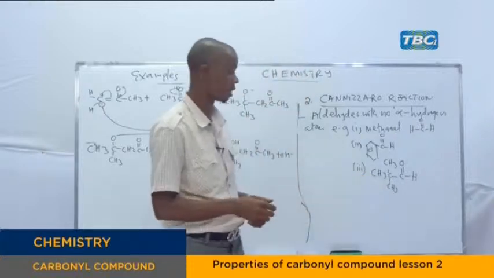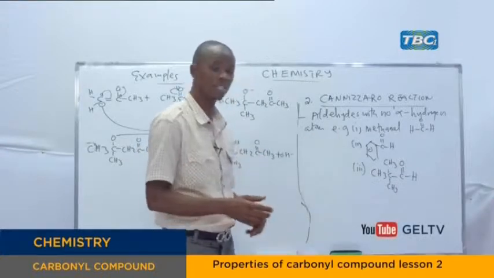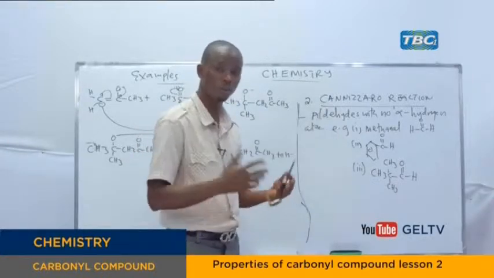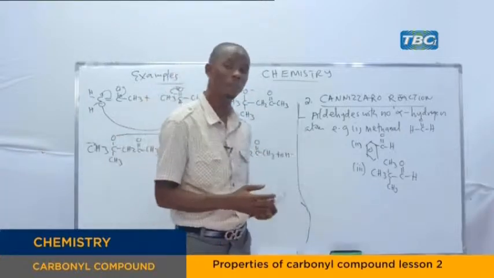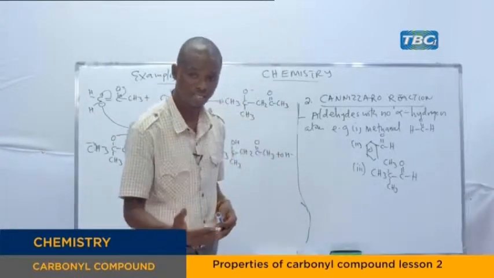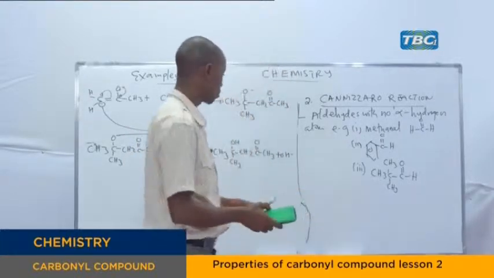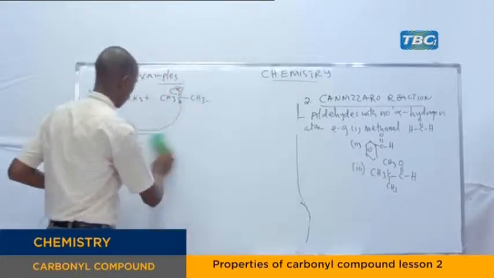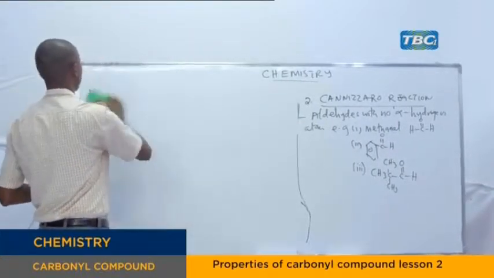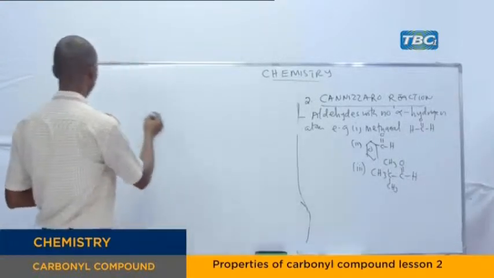There are no hydrogen atoms there. So these examples undergo the Cannizzaro reaction. The Cannizzaro reaction is a form of disproportionation reaction whereby the compound is oxidized and reduced at the same time. So my dear student, we can have the example there. Now let's go to examples of the reaction.